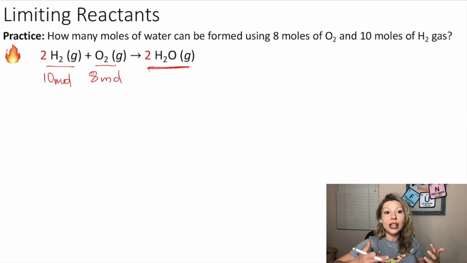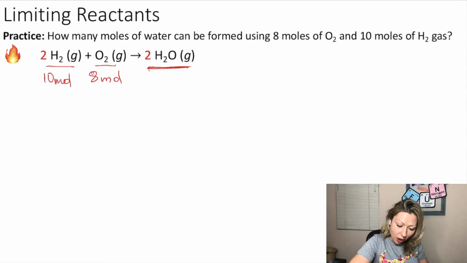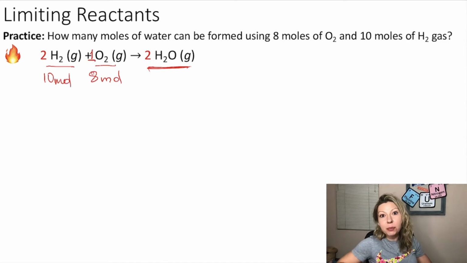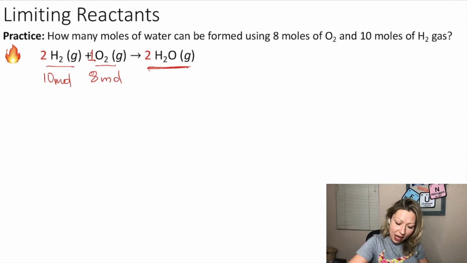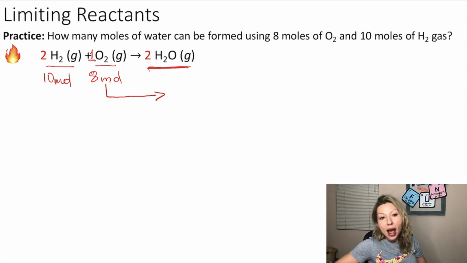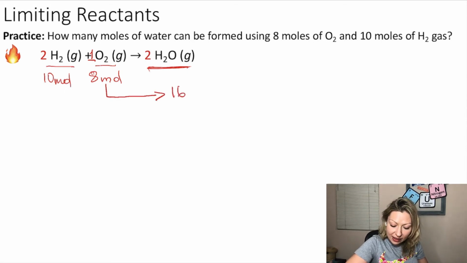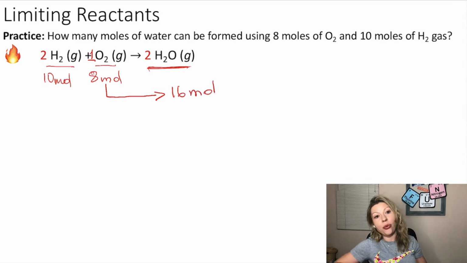Well, let's look at the mole ratios. So if I have 1 mole of oxygen, I can prepare 2 moles of water. Okay? So if I have 8 moles of O2, I can prepare 16 moles of water.